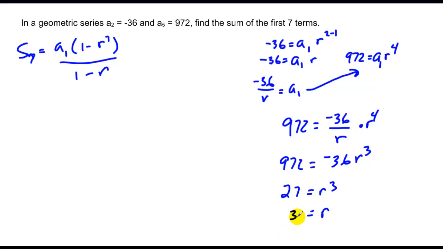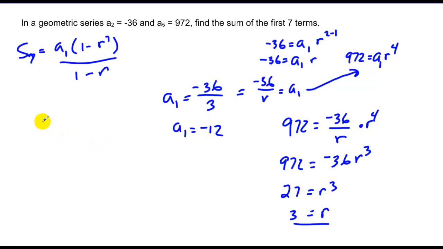And now, once we have R equal to 3, we have everything but the first term here. But that shouldn't be difficult because given the R, I can find the first term. So I know that -36 over a ratio of R is going to equal that first term. So my first term is equal to negative 12.